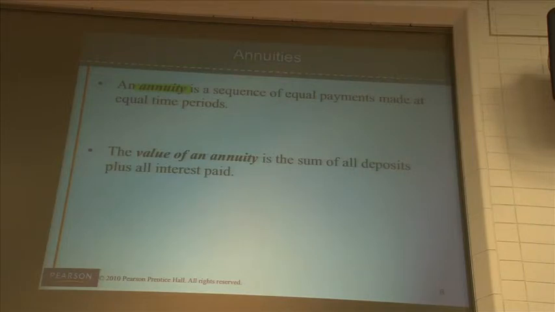You can also consider it as a deposit. Say you take $50 out of your paycheck every month, and it's automatically deposited into your savings account. It's another type of annuity. The value of the annuity is the sum of all deposits, here's the key thing, plus the interest paid.